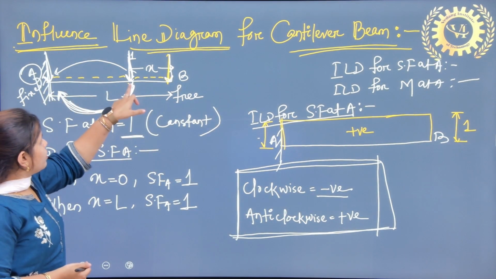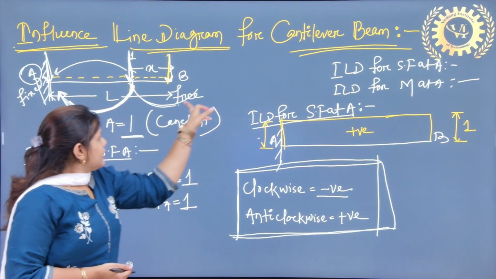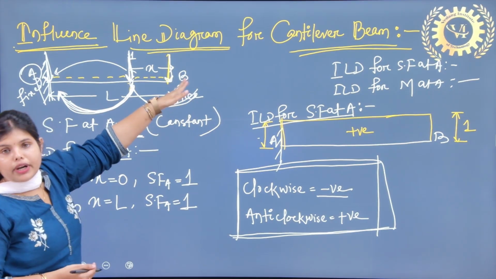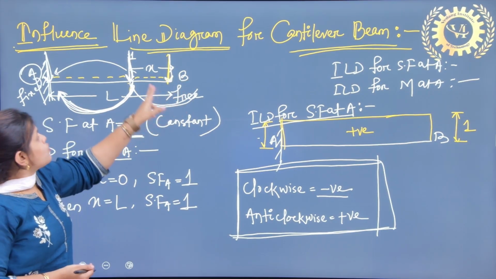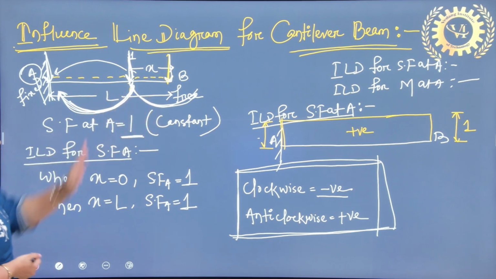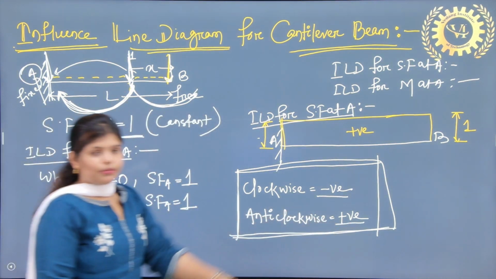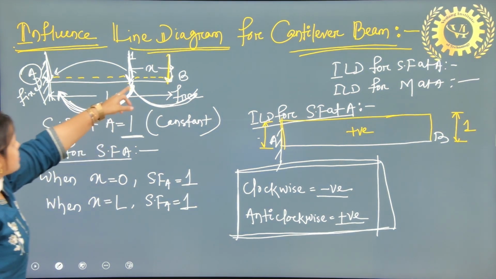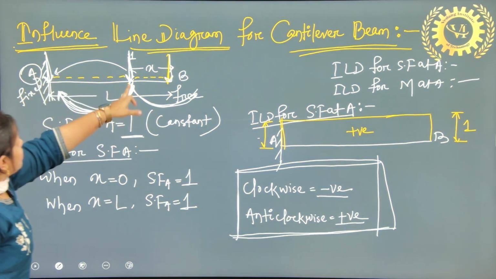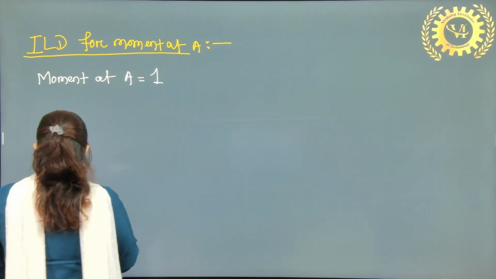If the load moves in the anti-clockwise direction in this way, or if we need to find the moment at point B, the load will act anti-clockwise, that is positive. So here this is a clockwise moment.